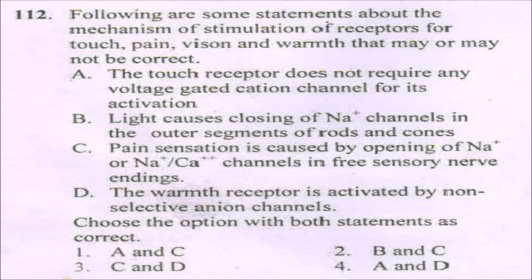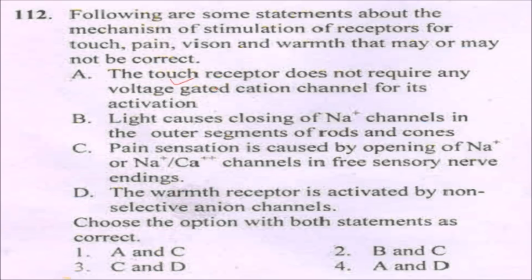Next, the following are some statements about the mechanism of stimulation of receptors for touch, pain, vision, and warmth that may or may not be correct. We know that the touch receptor is controlled with the help of ion channels. It can be sodium potassium channel, sodium calcium channel.